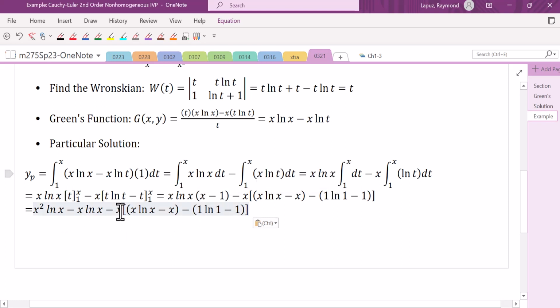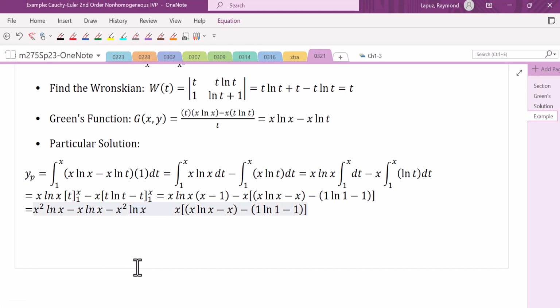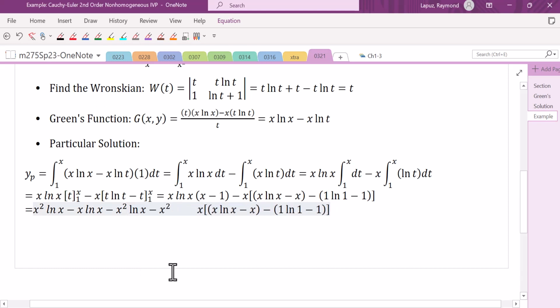Now we have an x that needs to get distributed here. So this first one is going to be x squared ln x minus x squared. So let's deal with that first. So let's write x squared ln x minus x squared. So that gets rid of this part.